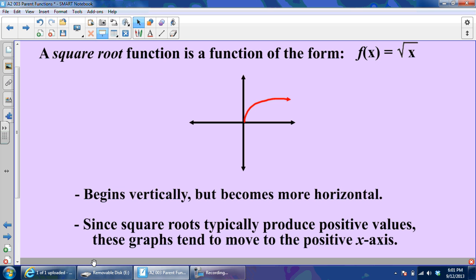And one little thing to keep note of is square roots typically produce positive values unless there's something else going on around the square root. So these types of graphs, square root functions, do tend to move more towards the positive x-axis rather than the negative. Doesn't mean they can't, it just would have to be something else going on in the equation.